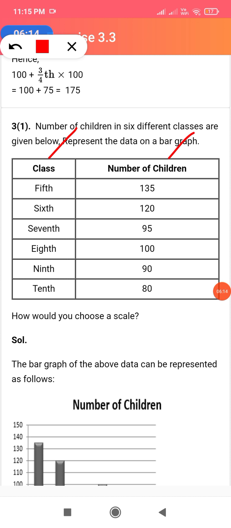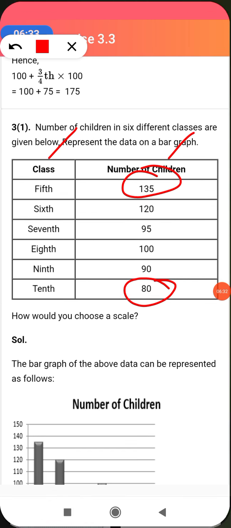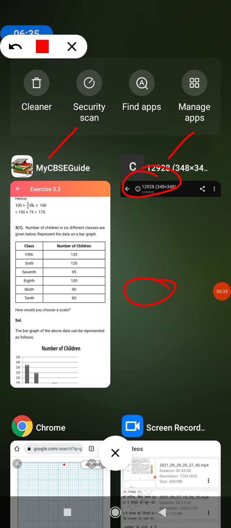And here we have the number of children. The minimum number of children you see is 80 and the maximum is 135. So we can take a scale to draw the graph. I will go ahead and draw the graph. Here is one graph sheet I have taken. Hold on.